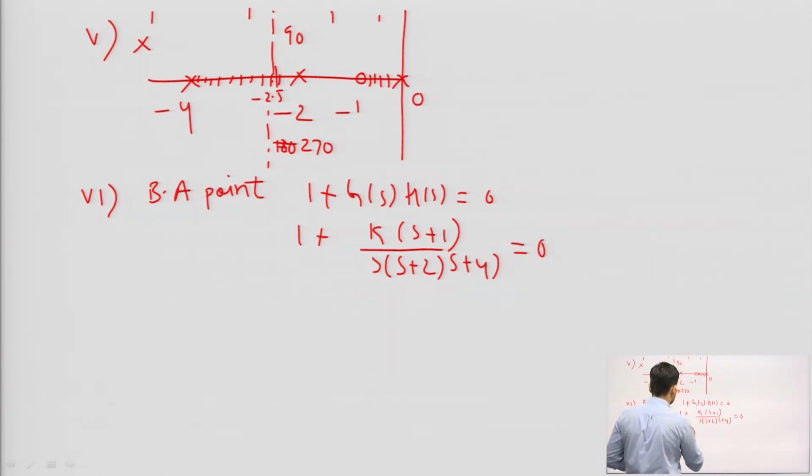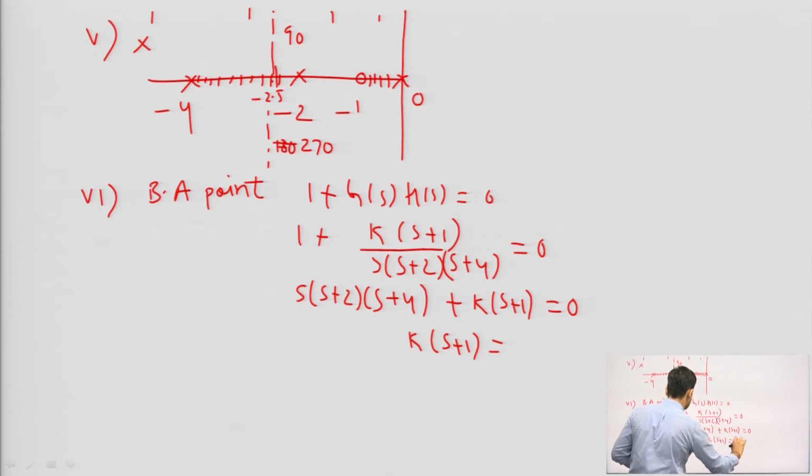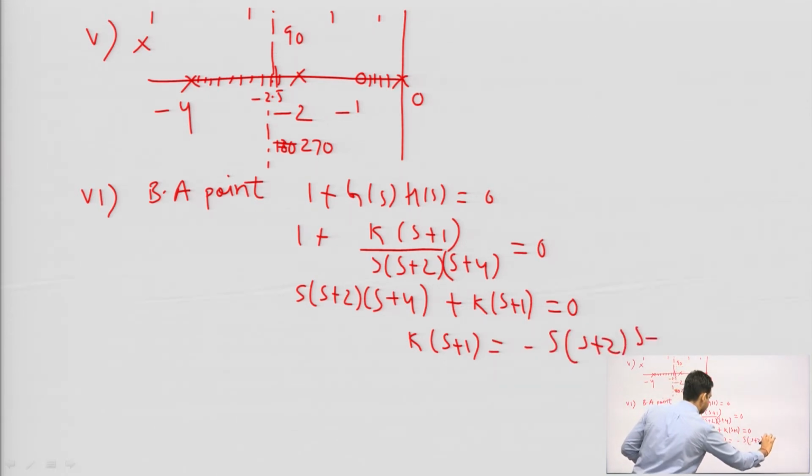If you solve it, you will get s multiplied by s plus 2 multiplied by s plus 4 plus k multiplied by s plus 1 equal to 0. If you shift in terms of k, k multiplied by s plus 1 equal to minus of s multiplied by s plus 2 multiplied by s plus 4.